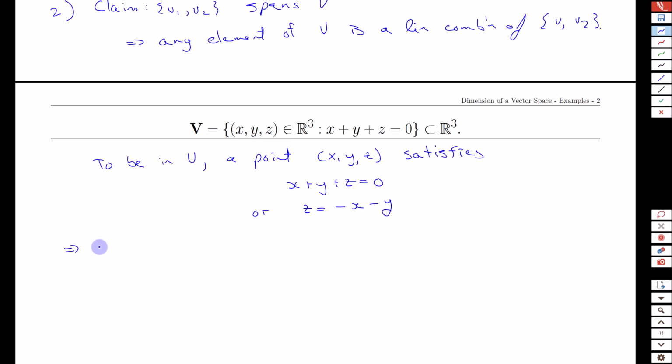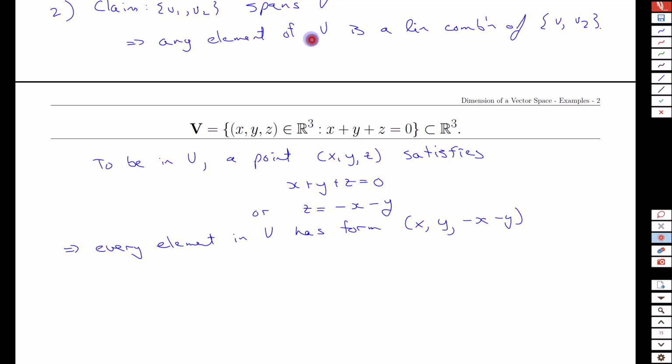And what that means is that every element in v has the form x, I can pick whatever I want, y, I can pick whatever I want, but then the z, or the third component, must follow this form here. My z component, my third component, must equal negative x, negative y.